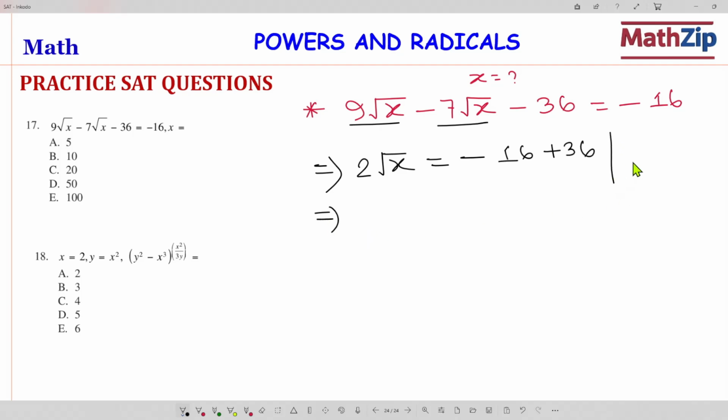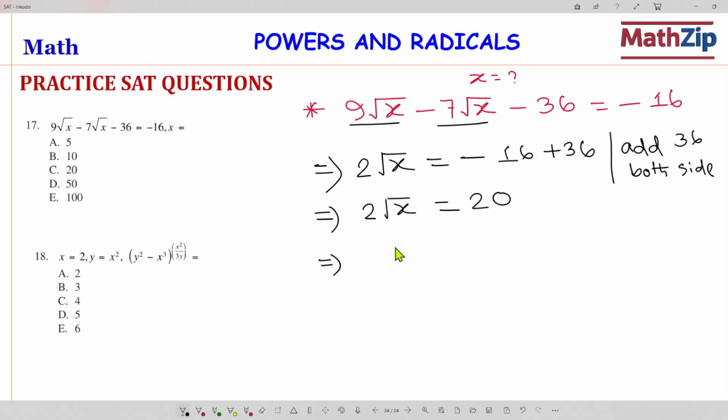So 2 root x equals minus 16 plus 36, which is 20.